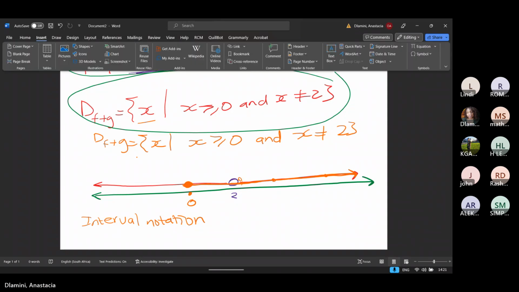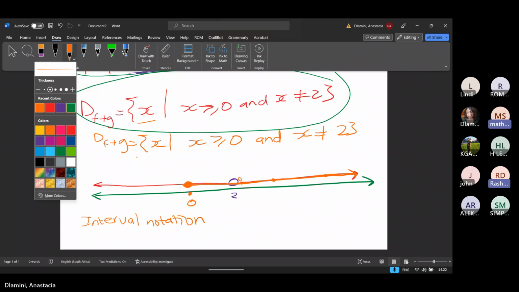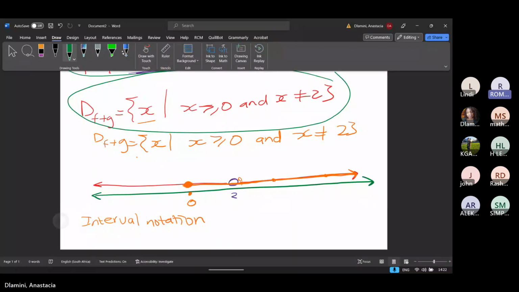No, ma'am, it's visible. Give me where they intersect. Where do they intersect?